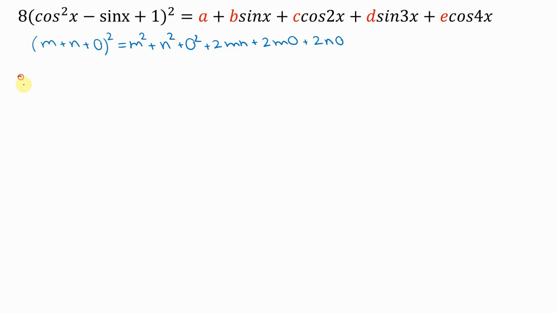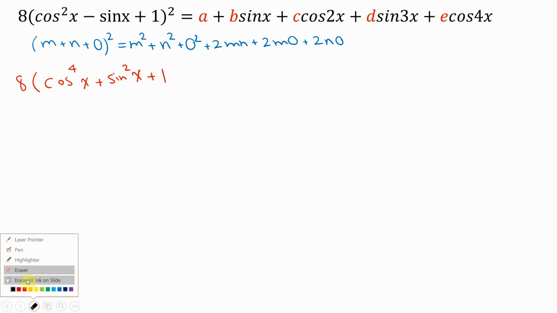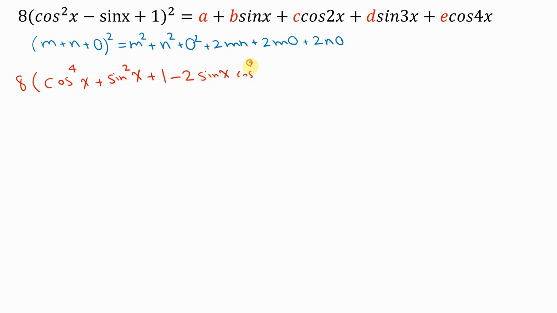Here we have 8 times, the first term to the power of 2, which means cosine to the power of 4x, plus sinusoid to the power of 2x, plus 1 to the power of 2, which is 1, plus 2 times the first two terms, because this is a negative sign, so I change this plus to negative, minus 2 sinusoid x cosine squared x.